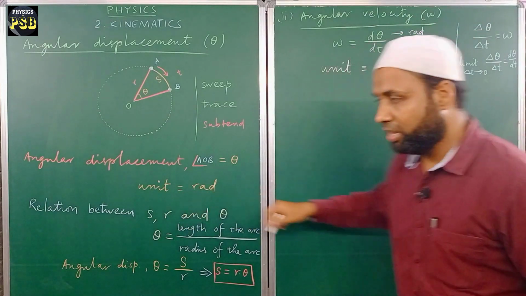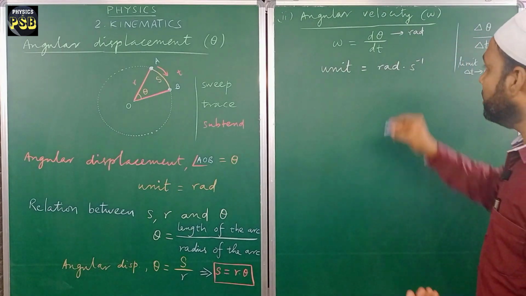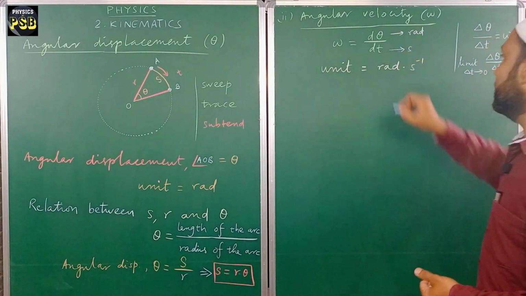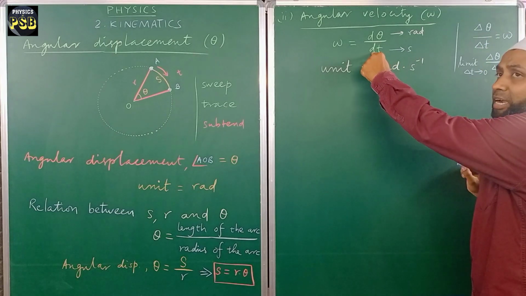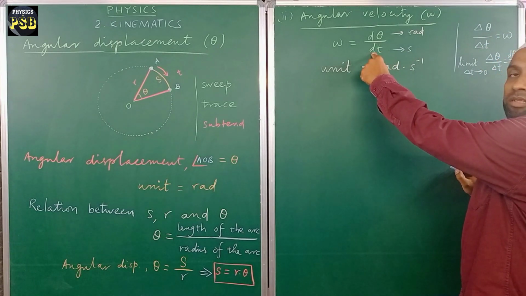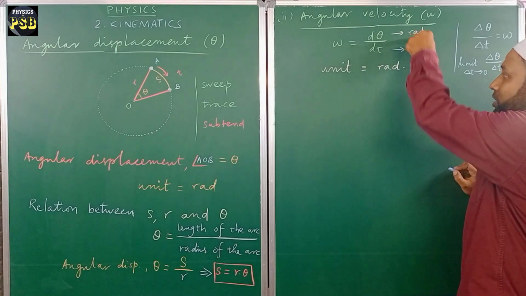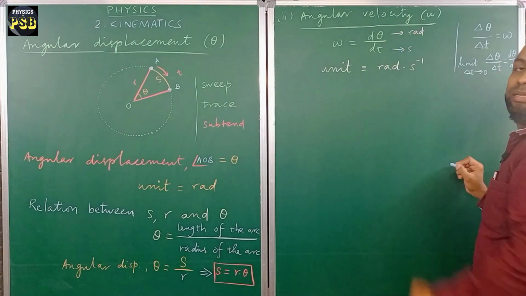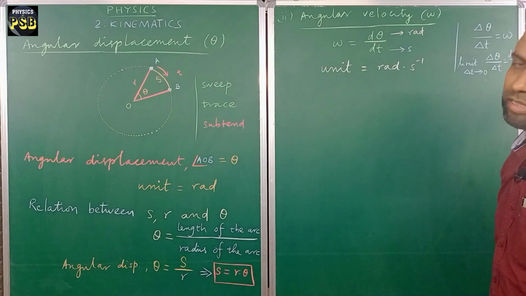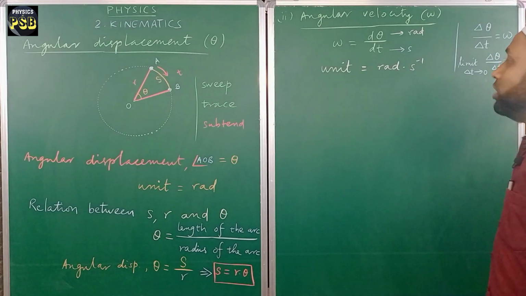This is mentioned here. And the time is measured in second. Now, as the time is present in the denominator, when it is taken to the numerator, we get s power minus 1. Clear? This is how we get the unit of angular velocity.